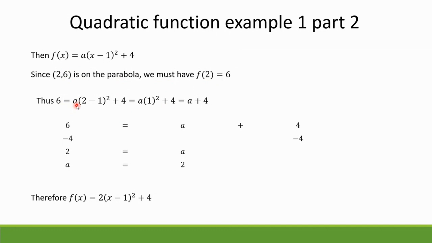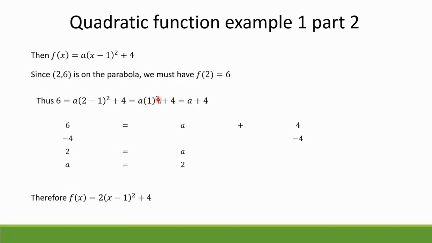So we get 6 is a times 2 minus 1, squared, plus 4. I'm replacing x by 2 and f of x by 6. Now we can solve for a. We want to figure out what a is. So a times 1 squared plus 4.